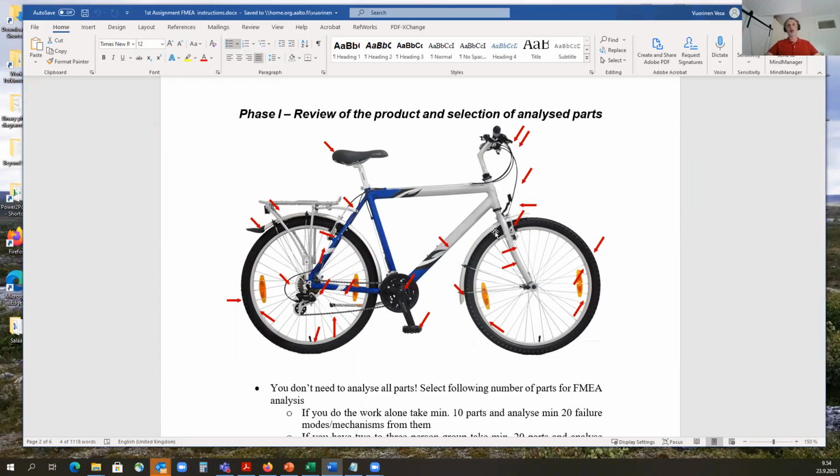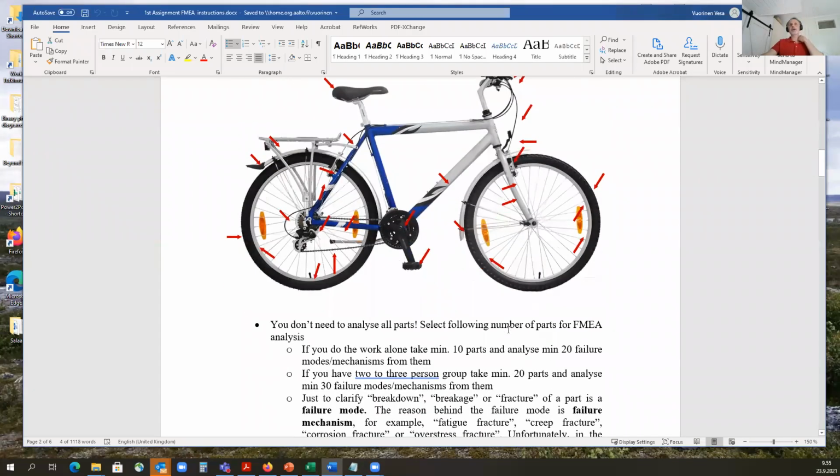We know what all the parts are, but so far I have read through at least 100 FMEAs from bike, so I'm not that interested in that anymore. But it's a very good option if you cannot figure out anything else. Then that's quite simple. I would say that the complexity of the product is at a reasonable level, and it also, of course, has quite obvious safety related things like steering, like braking, and so on.